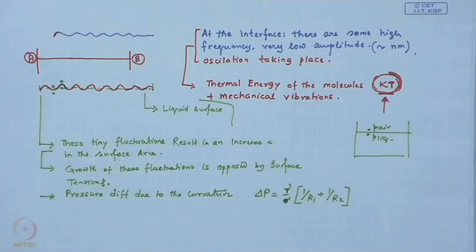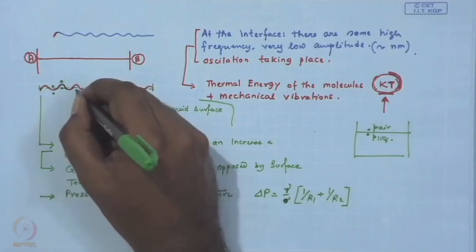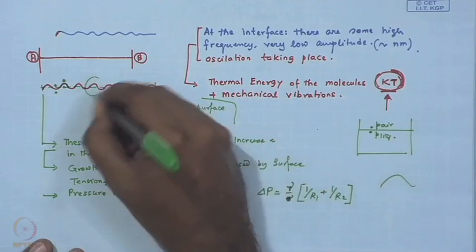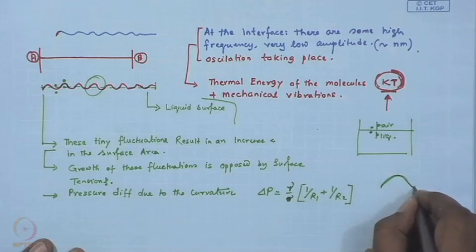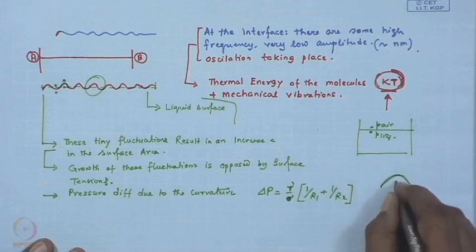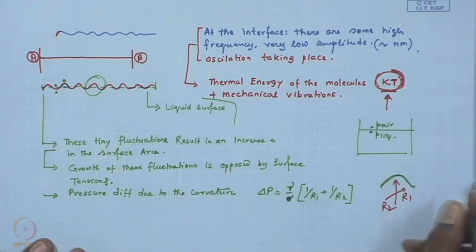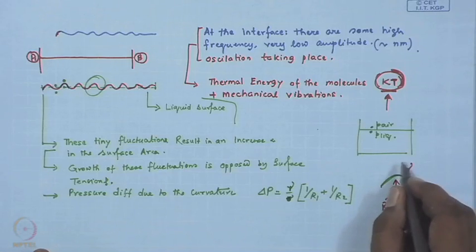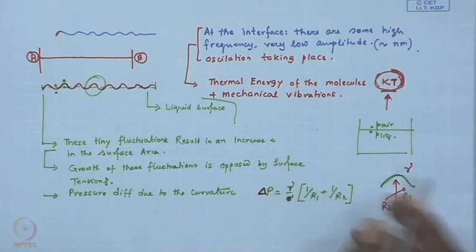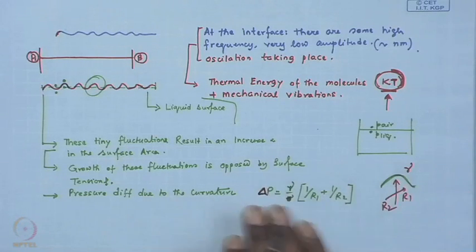This is related to the local radius of curvature of any fluctuation we pick up, and the surface tension. So, now you have an in plane pressure difference along the surface.